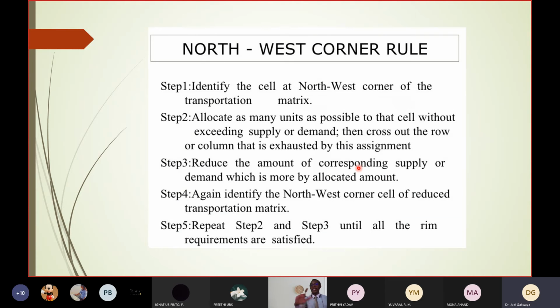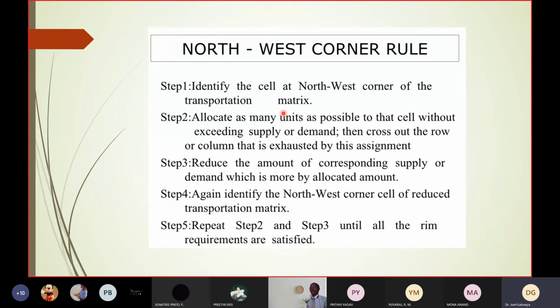So these are the steps which are going to be used for the northwest corner method. Remember, we want to apply this when the transportation problem is balanced. The supply and the demand should be what? Should be equal. Now, step number one, we want to identify the cell at the northwest corner of the transportation matrix.